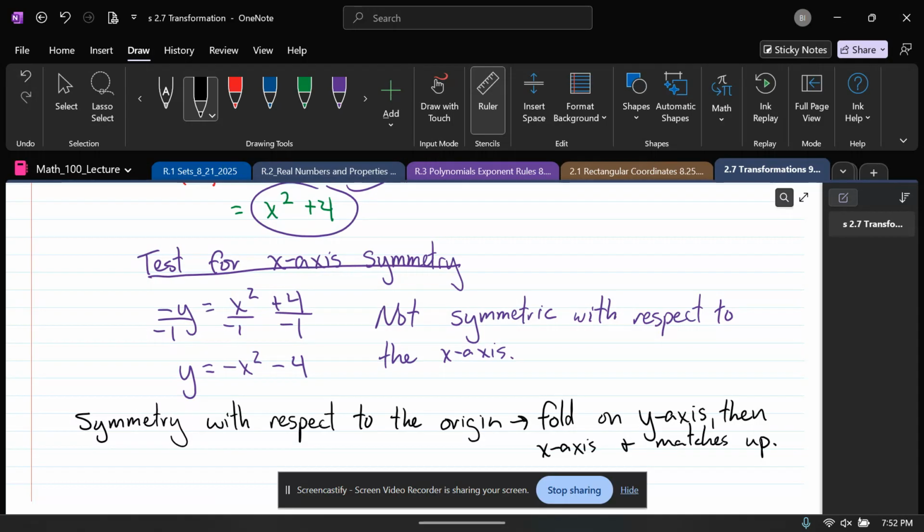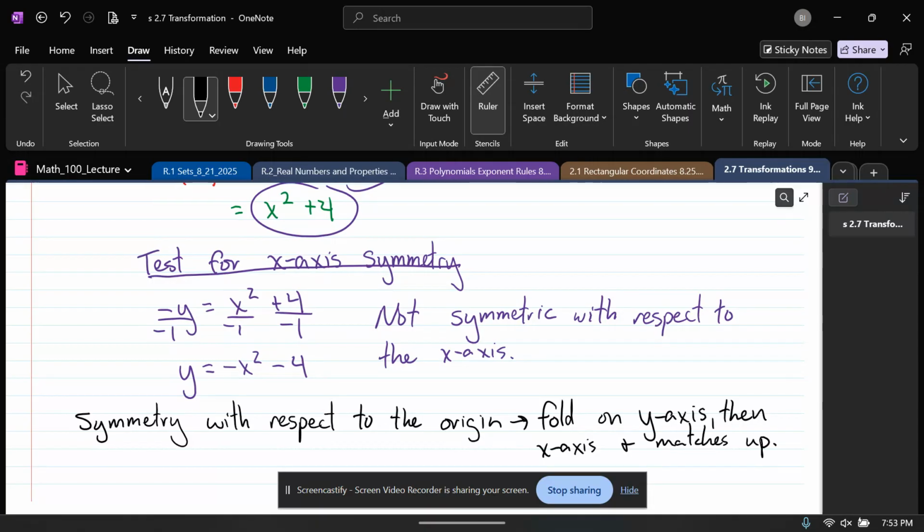Okay? So you have symmetry with respect to the y-axis. When you plug in a negative x, you get the same function back. Symmetry with respect to the x-axis, you set it equal to negative y and solve for y. Just divide by negative 1. If the negatives all cancel back out, it's symmetric with respect to the x-axis. That doesn't happen very often.